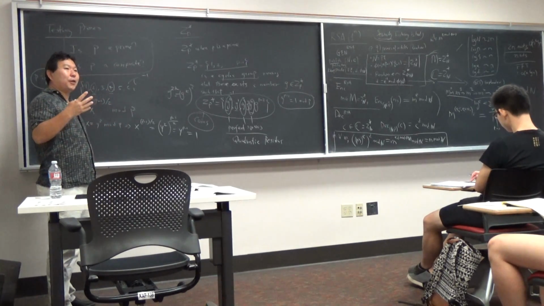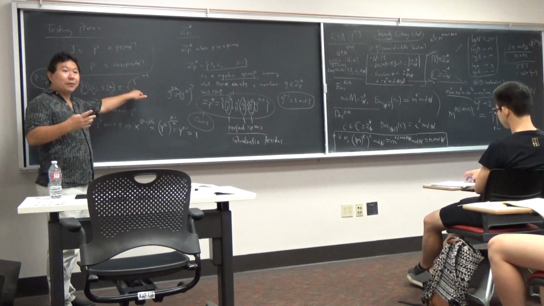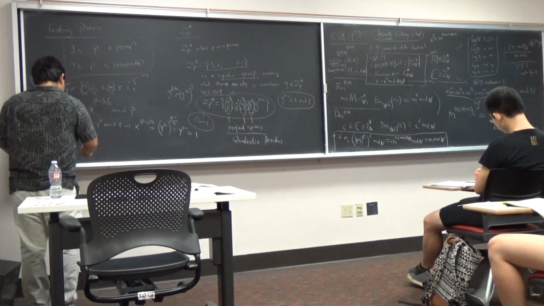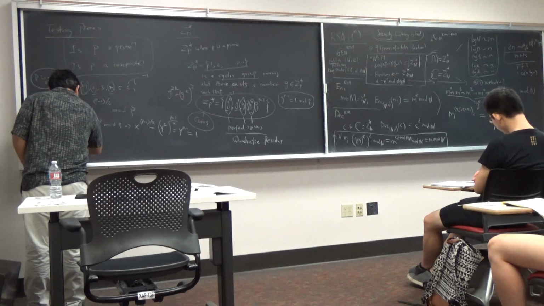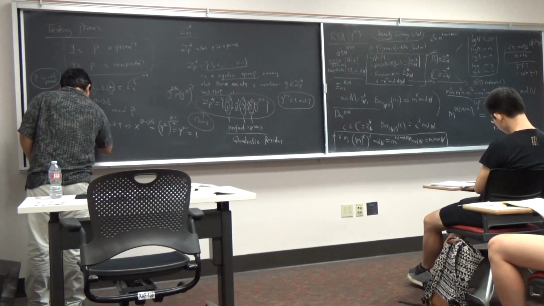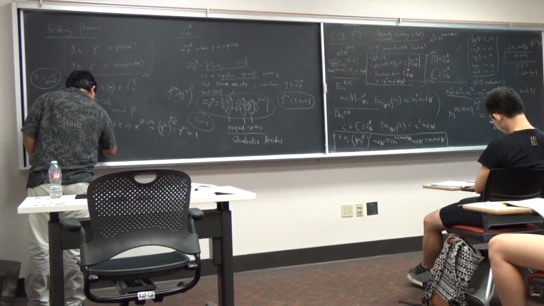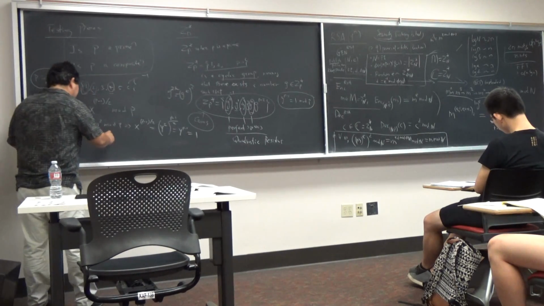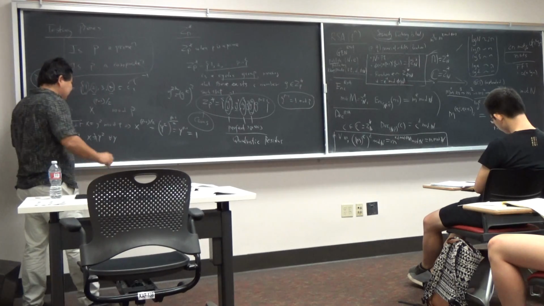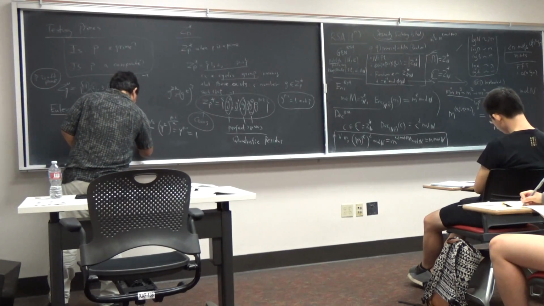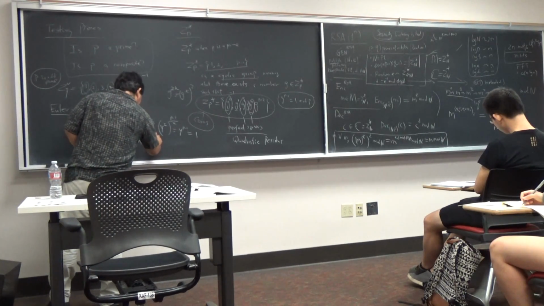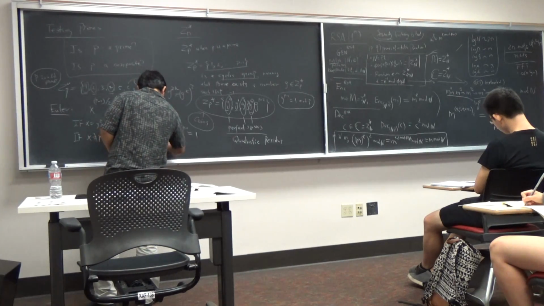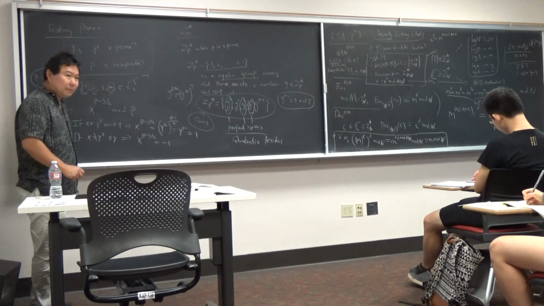Who are the 2 square roots of 1? 1 and -1. Then he said if x is not equal to y squared for any y, then this implies x to the p minus 1 over 2 is equal to -1.